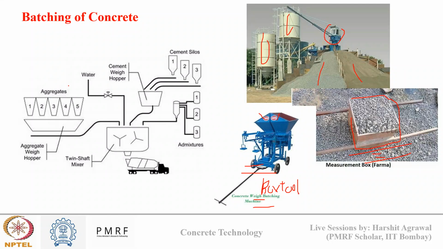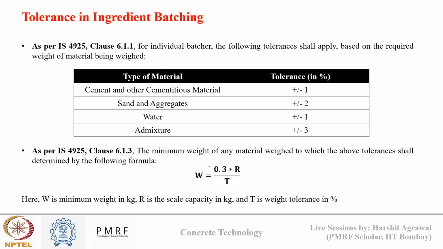So you can see in this image also we have aggregate weighing. We have water which is weighed, cement silos from which different types of cement are proportioned and weighed, and admixtures are proportioned and weighed. This is a mixer in which concrete is mixed and then it is transported to the site. So this is the process of batching of concrete.